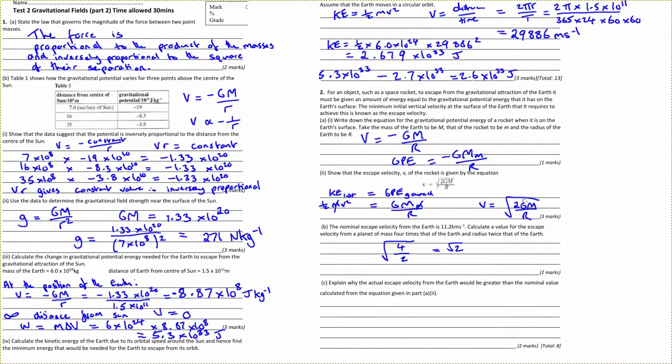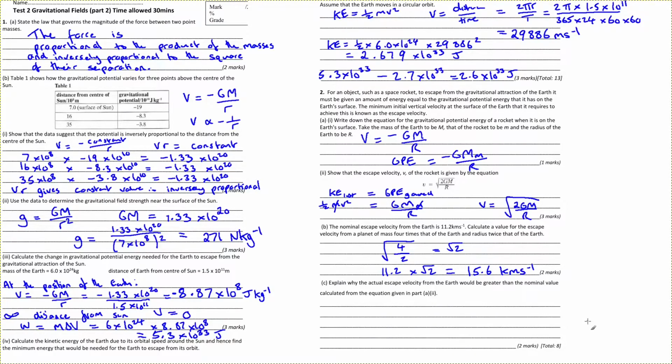So compared to what we had before, our escape velocity is going to be the square root of 2 times bigger. So all we need to do is 11.2 times the square root of 2, and we will get our new escape velocity, 15.6 kilometers per second.